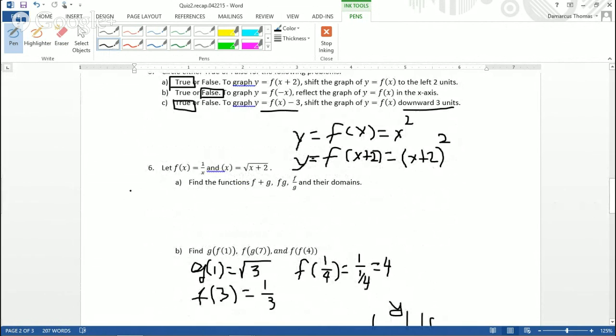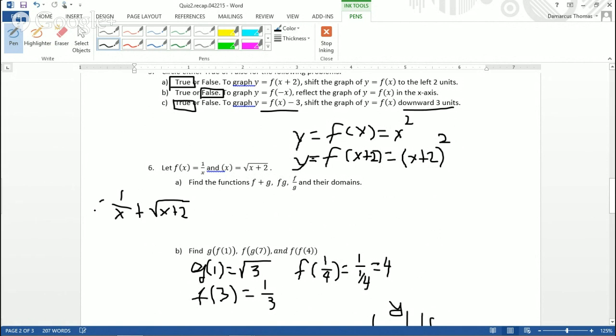And so the new function, f plus g, would just be, and of course they are not like terms.